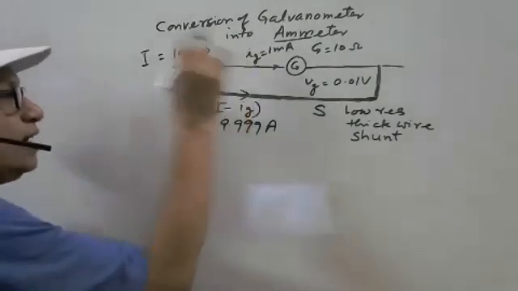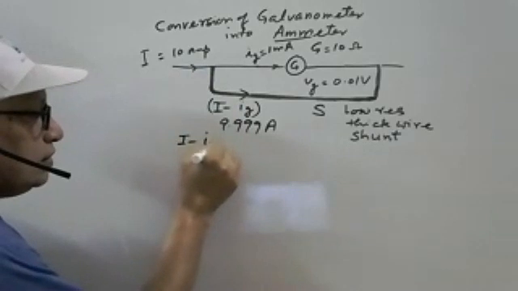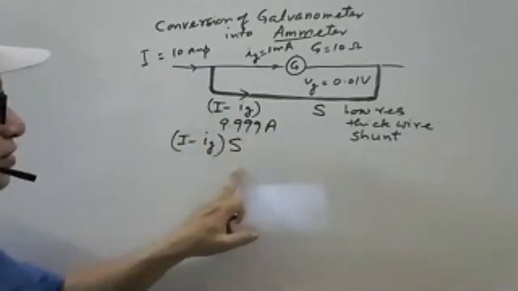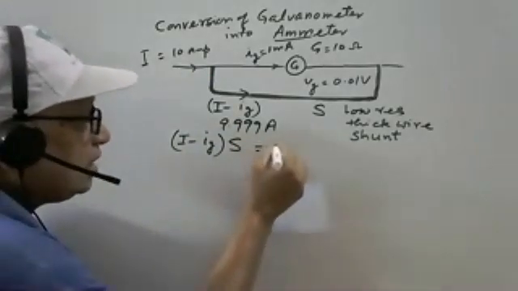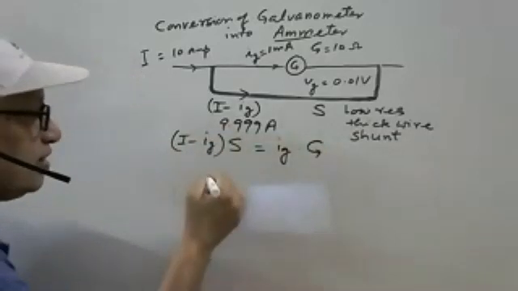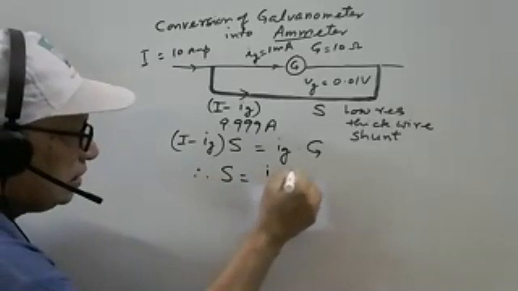It means here, we can write I minus Ig into S, IR, this is the resistance of the shunt, and here Ig into G. So we can find out the value of the shunt resistance. It can be given like this.